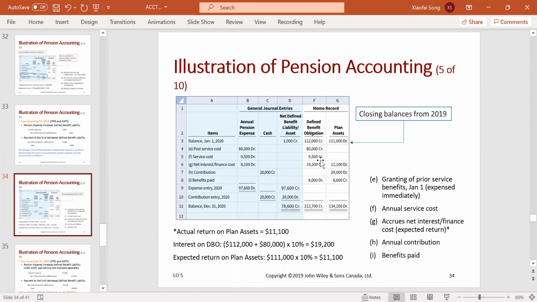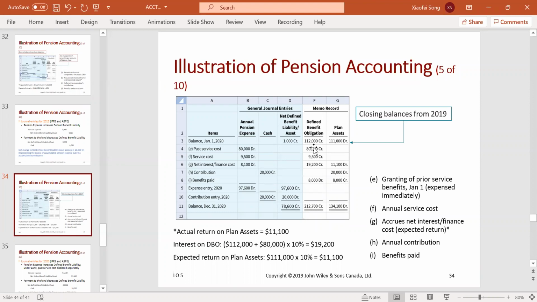Net interest, okay, so net interest is calculated. You can calculate it in two ways. You can either calculate net benefit obligation, that's DBO minus PA, and times 10%. Or you can calculate interest on defined benefit obligation and expected return on plan asset.